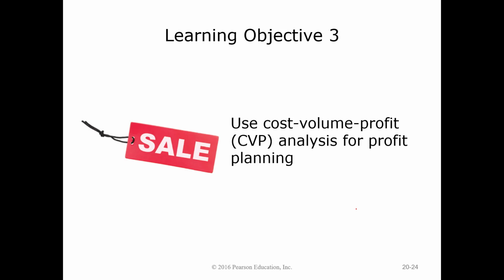What can I use that for? I can use it to conduct what we call cost volume profit analysis. Cost volume profit analysis means it is very important for the company, before starting its operation, to know exactly how many units it should produce in order to find out that operating income is equal to 0.